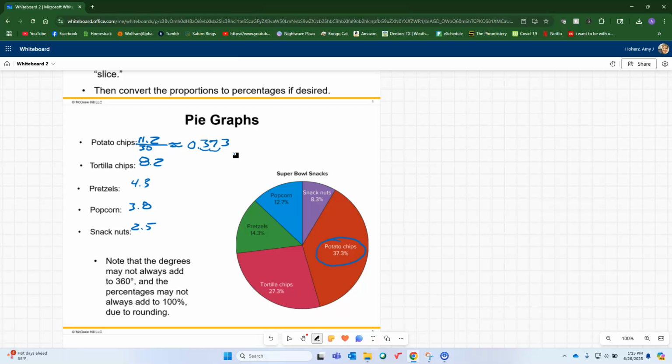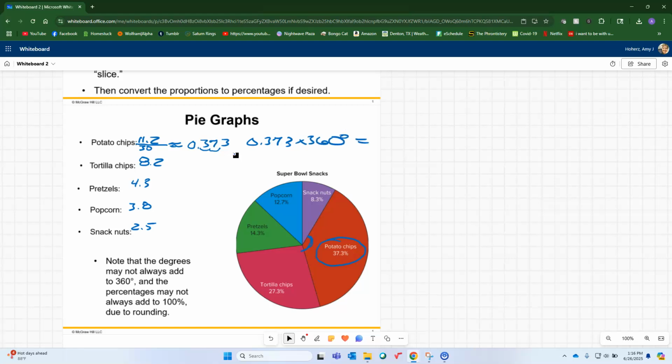But if I want to know how many degrees that is, what I want to do is multiply 0.373 times 360 degrees.